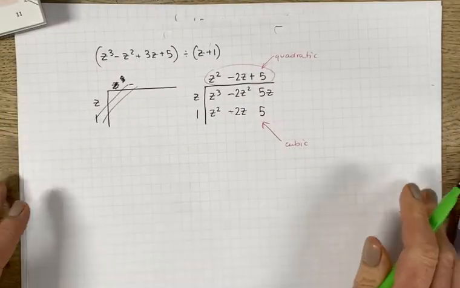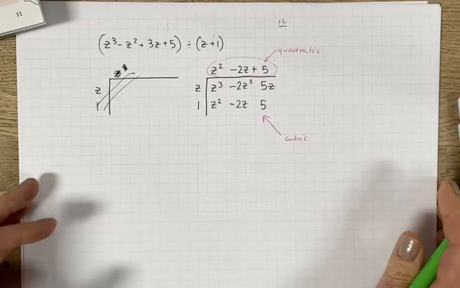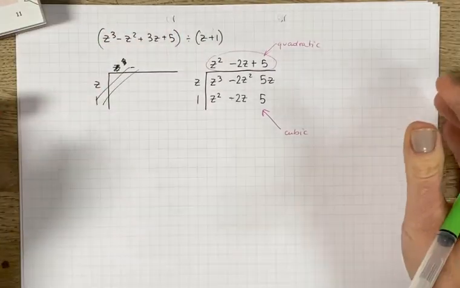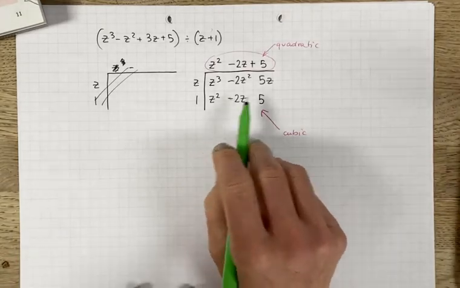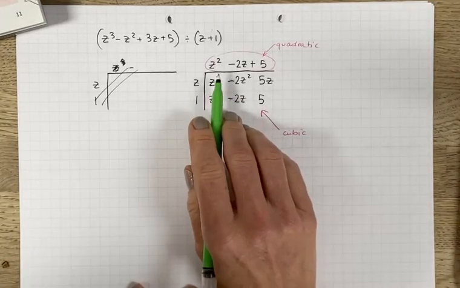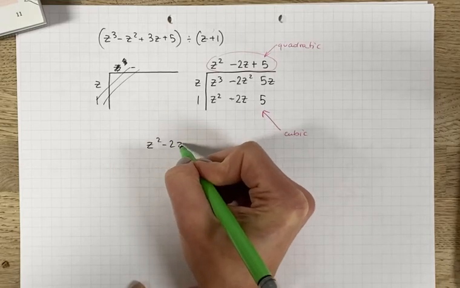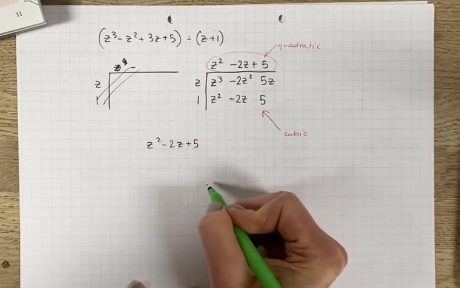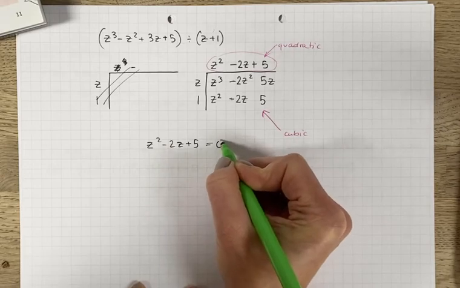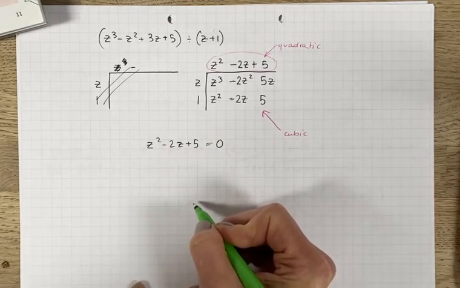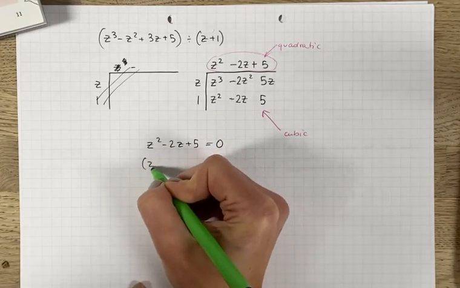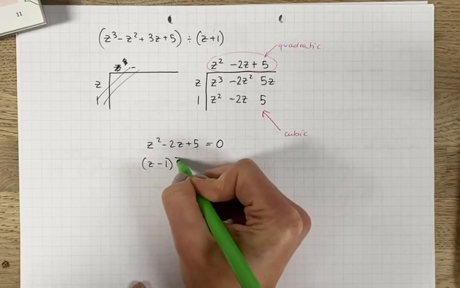So now, whether you use the first method, which is by comparing coefficients, or the box method, you still have to find the solution to this equation because you've been asked to find the remaining roots. So we are going to solve when it's equal to 0. I like to do it by completing the square.